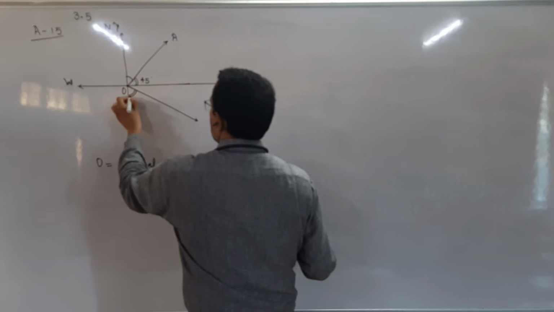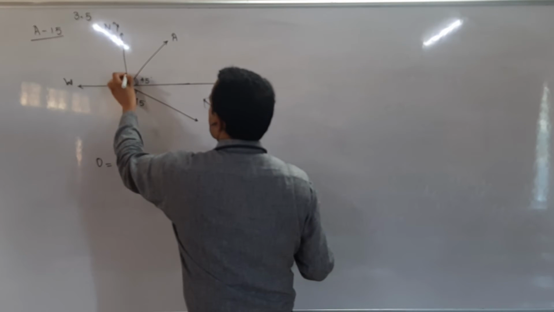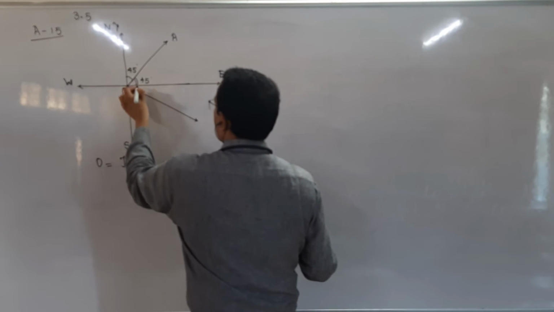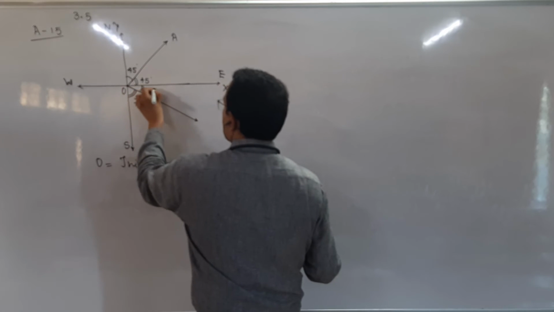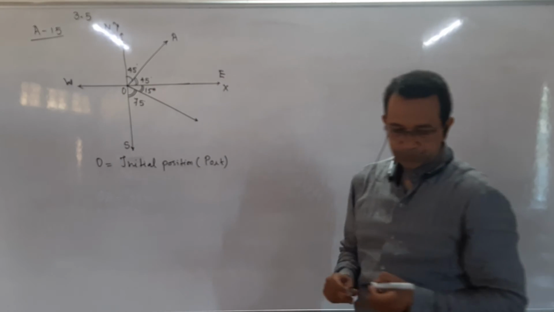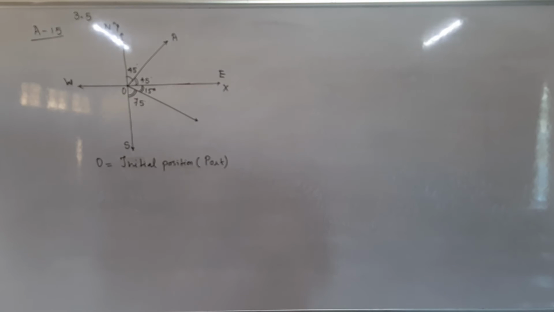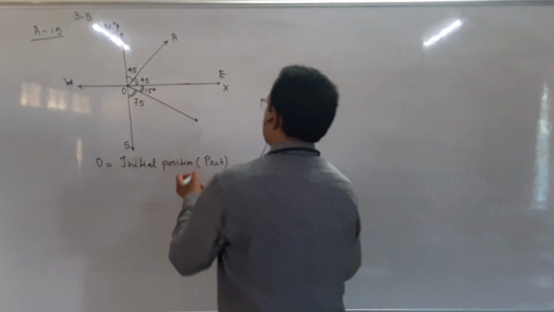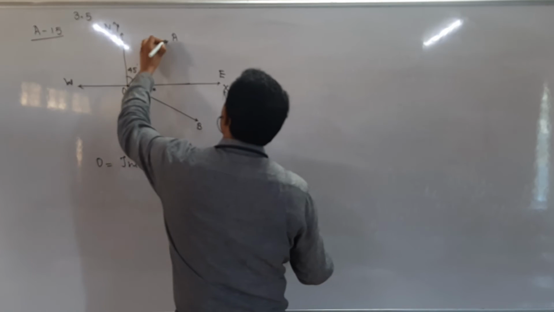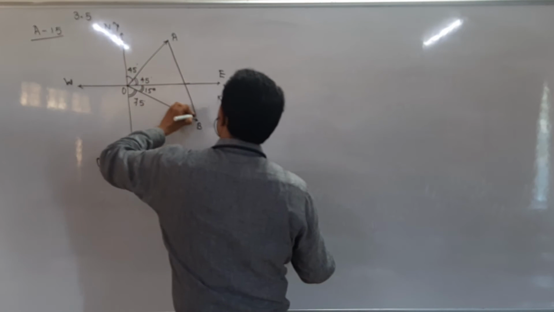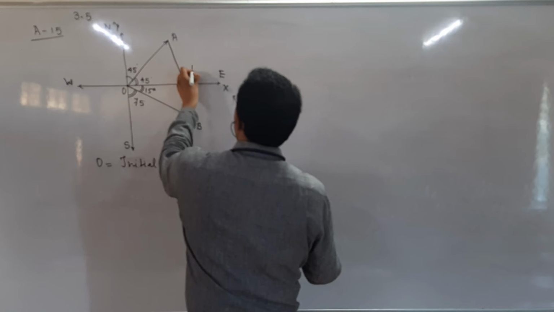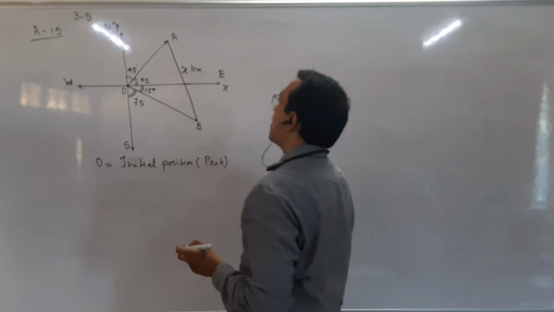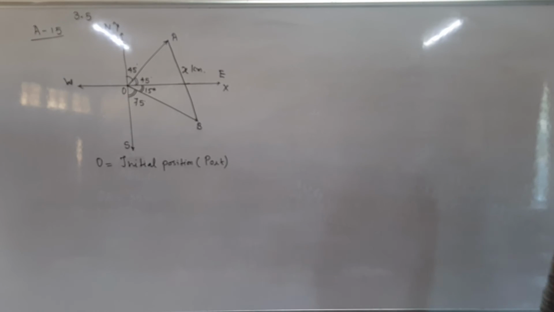This angle is 75, so this angle will be 15. Find the distance between the ships at the end of 3 hours. So this is B, and if I join, this will be the distance, say x kilometer, at the end of 3 hours.